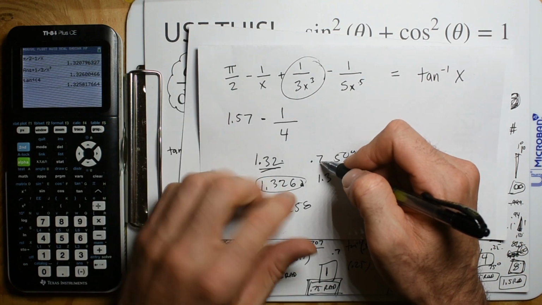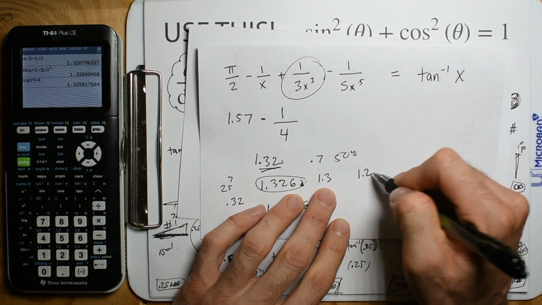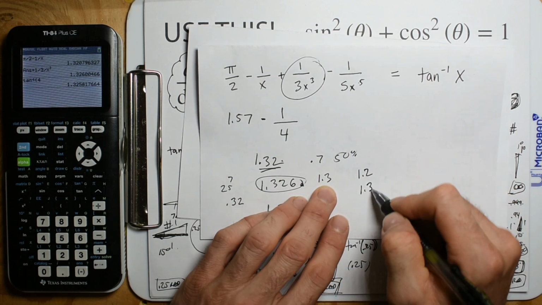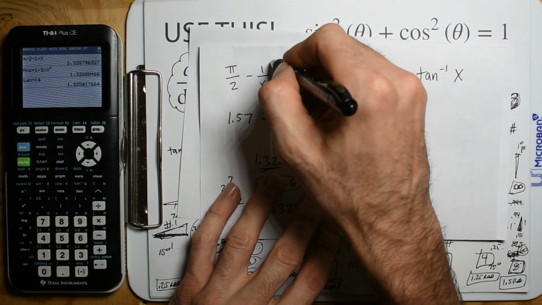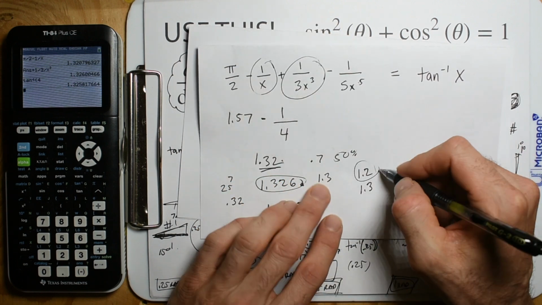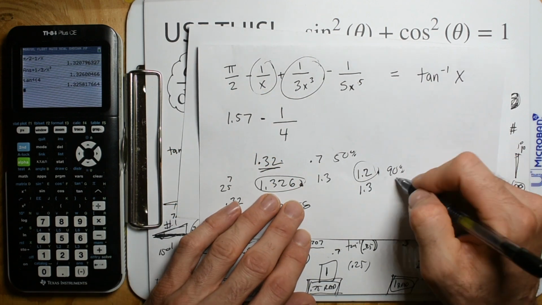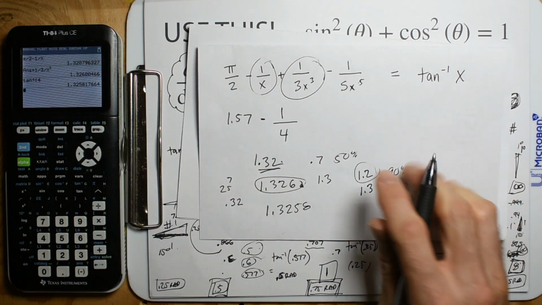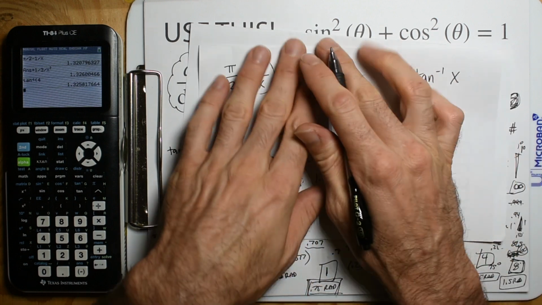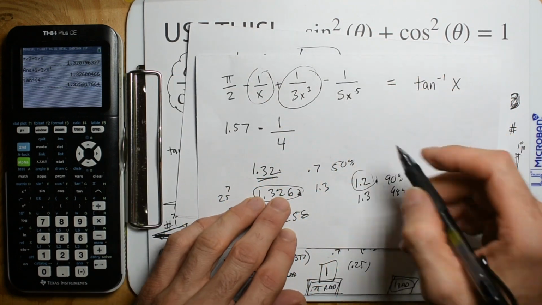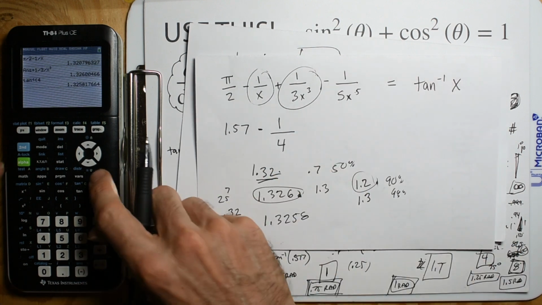If the answer is like 1.3 and this gave you a 1.2, off the first two digits, it might only be 90 to 95%. Percent error is not too bad. I think you're not going to mess it up a whole lot.